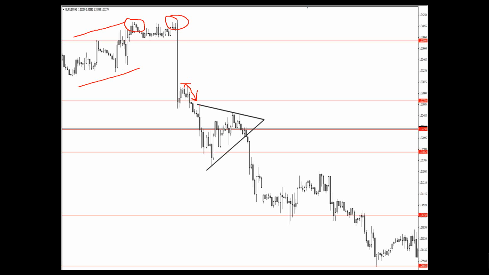After the first swing in the downtrend, we see that the price has been consolidating. And the price is always consolidating into a triangular shape. This is a symmetrical triangle. This is the upper side, this is the lower side, and this part here is called the vortex of the triangle.